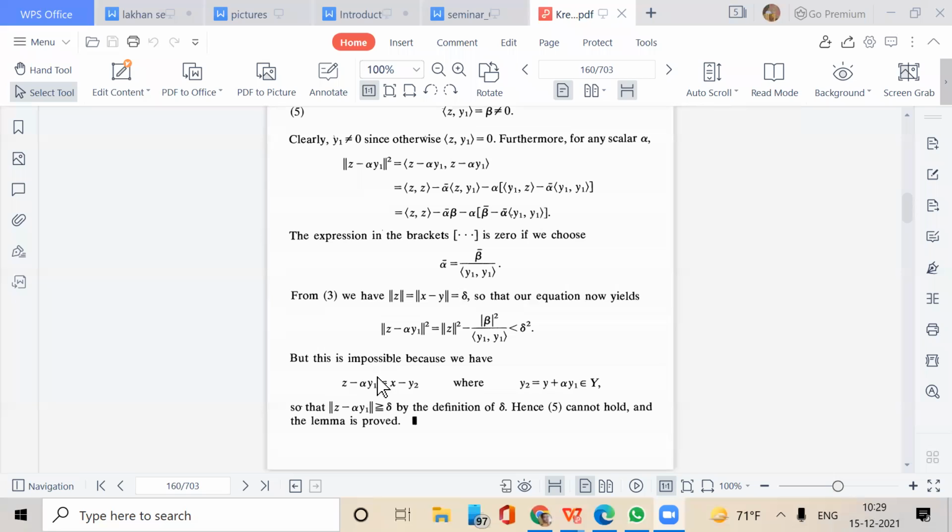We add and subtract alpha y1 on both sides: z minus alpha y1 on the left, and on the right hand side x minus y plus alpha y1.